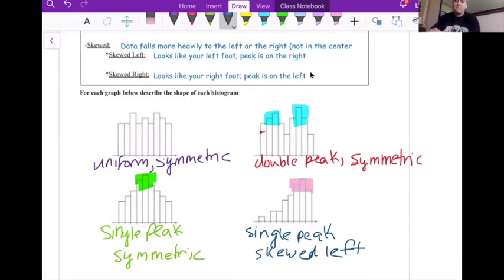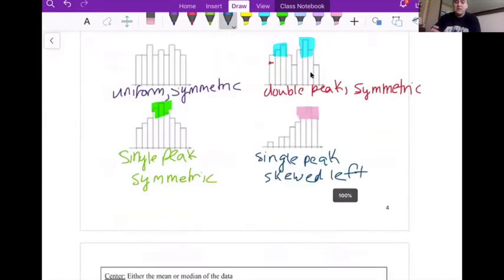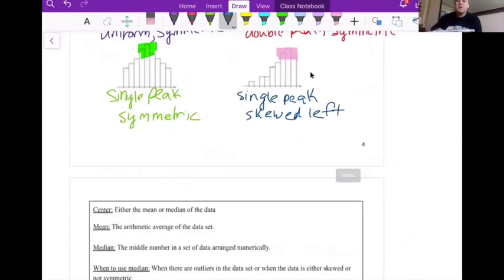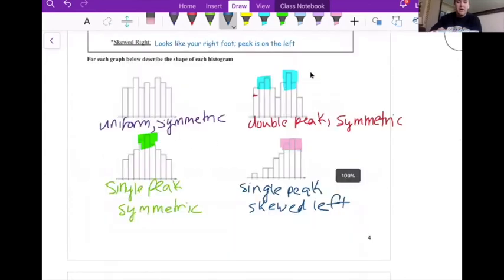Okay, I apologize for my handwriting. My stylus is not cooperating. Okay, so then that is our shape of the graph.